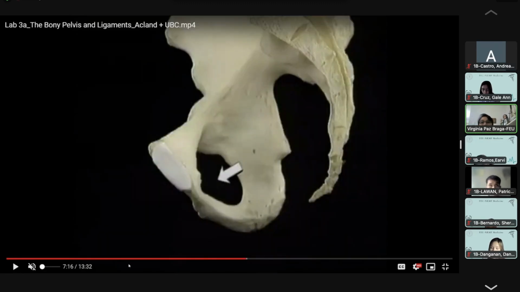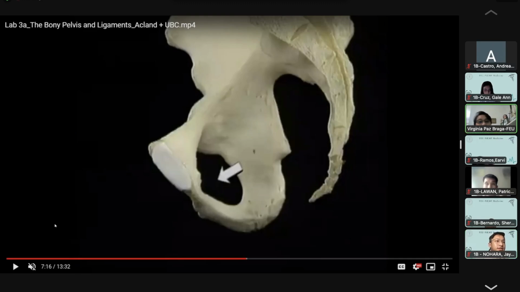Sige, thank you, Doktora. Next. Would like to name this area, this opening? Yes, Dr. Nohara, I can see you moving your lips and answering it correctly. Obturator foramen. Okay, very good. Meron bang structure na dumadaan? Meron.